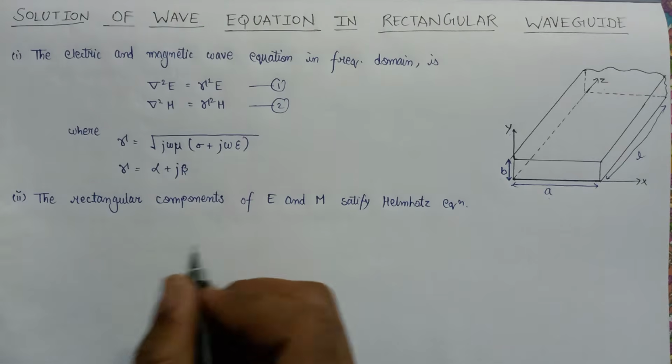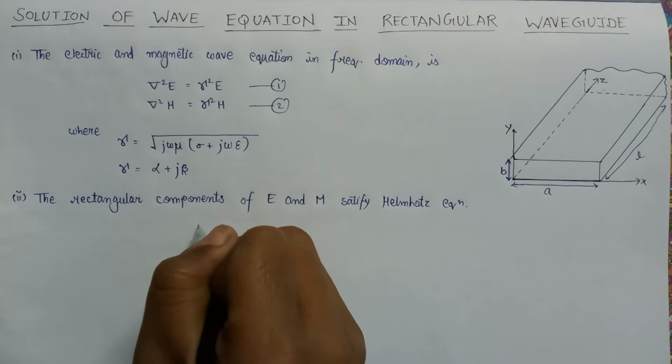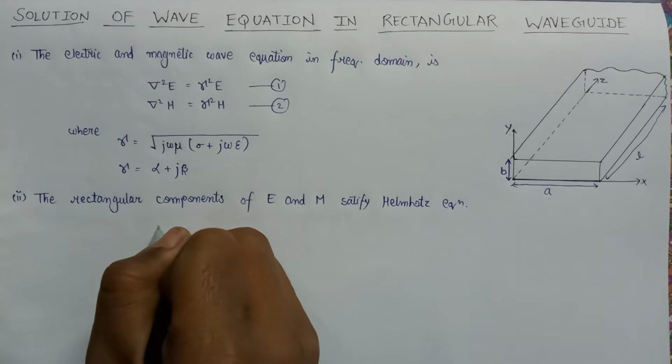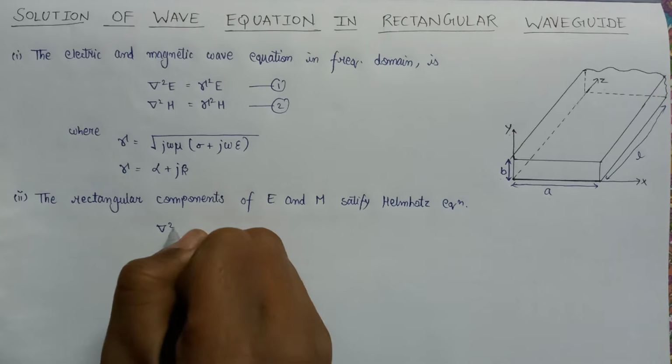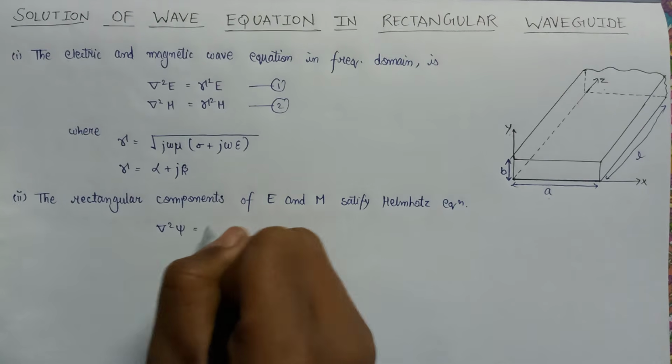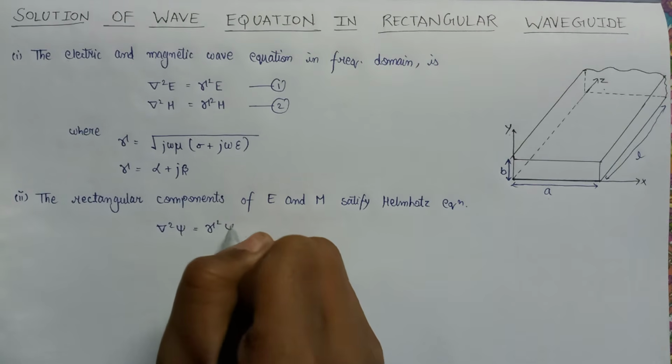Where this Helmholtz equation in the rectangular components of the electric and magnetic field can be given as del square psi equals gamma square psi.